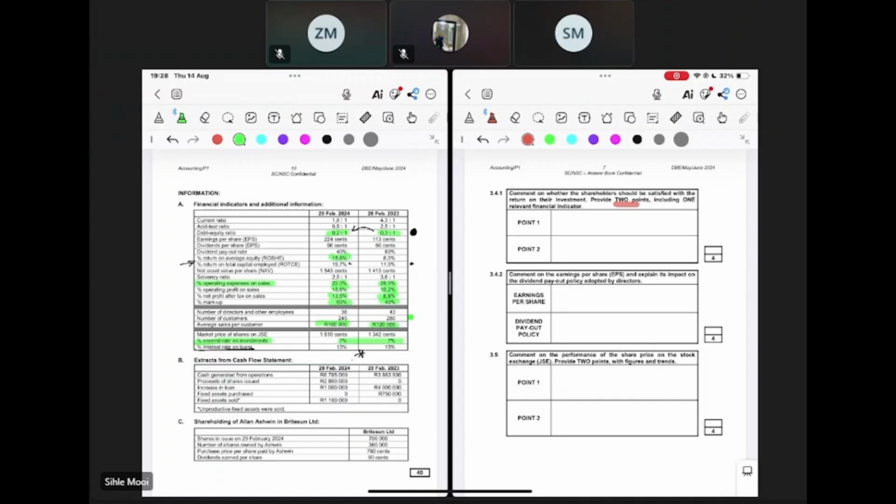That is what you would have written there: the fact that it has improved from last year to this year, and the fact that it is bigger than what the other investments are. The return you're getting from this is double, in fact, a bit over double. Okay, thumbs up if everyone got that.